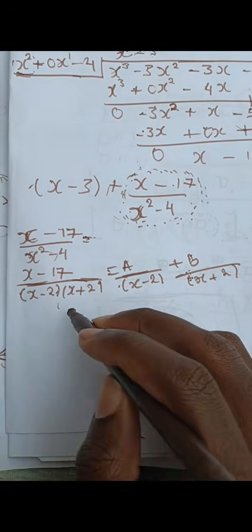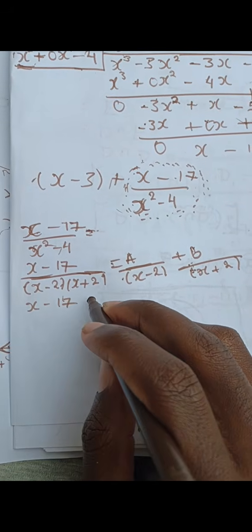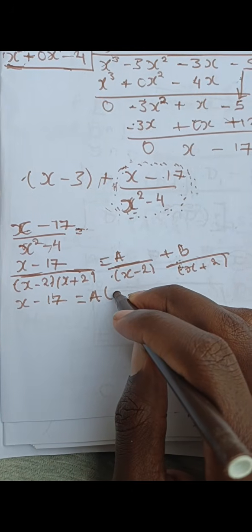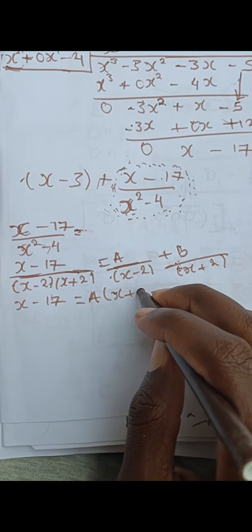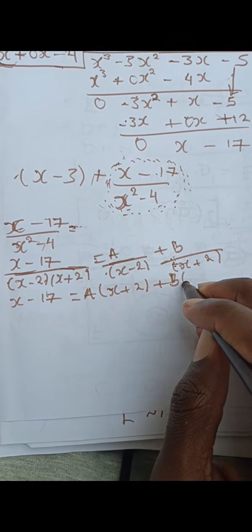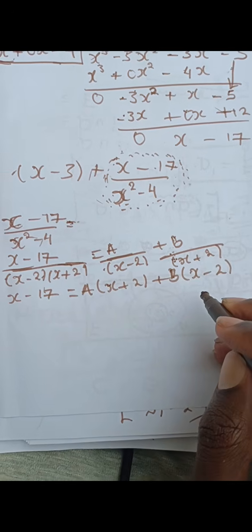So let's multiply this throughout. You're going to eventually get x minus 17 is equal to a times x plus 2 plus b times x minus 2.